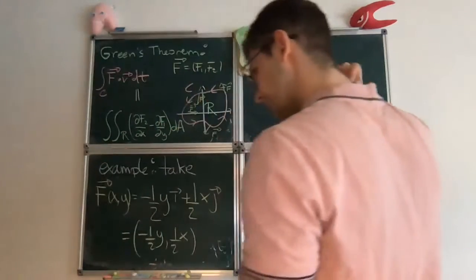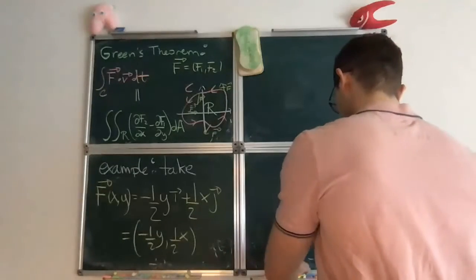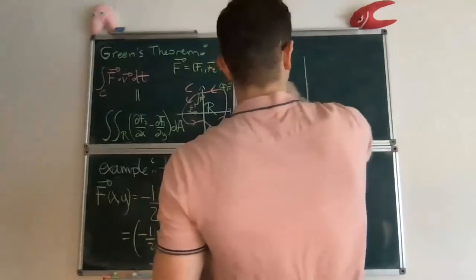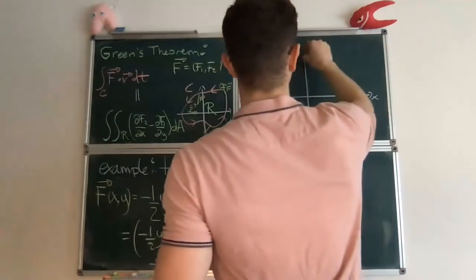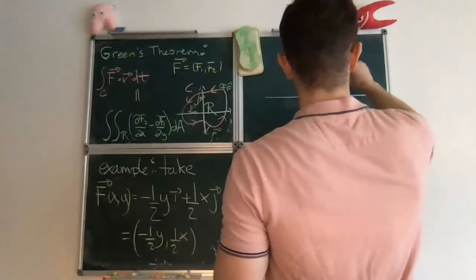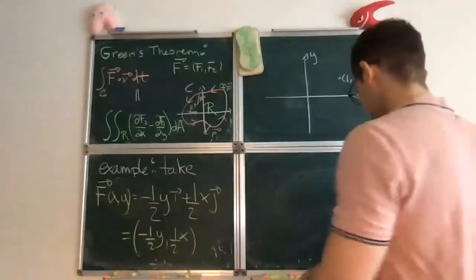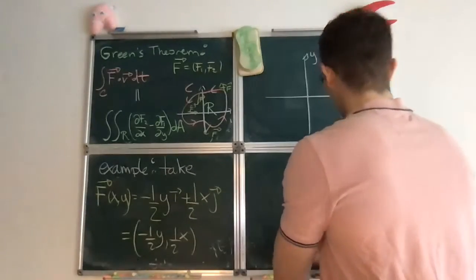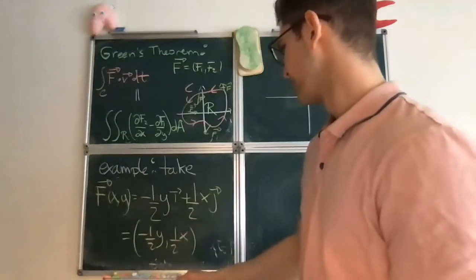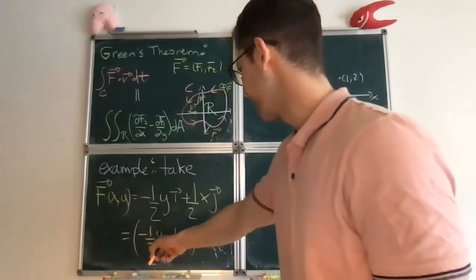So just to give you some idea of how this looks, imagine you have here x and y. So you draw one point, let's say this is the point 1 comma 2. According to the instructions, I'm going to draw a vector whose x component is minus 1/2 y.